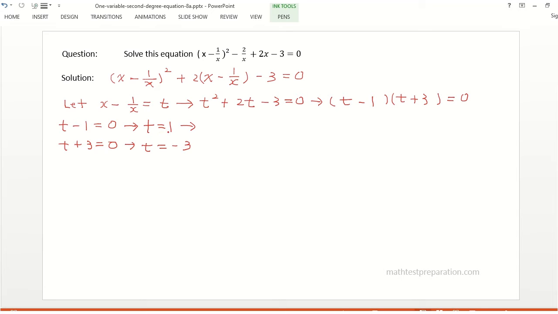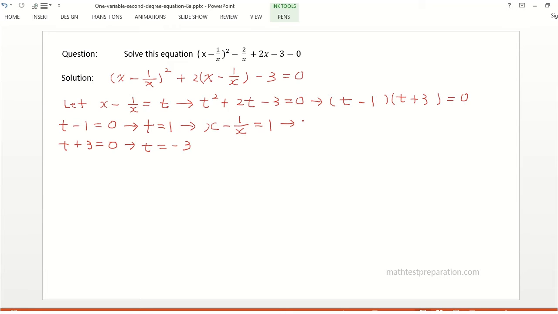When t equals 1, we have x subtract 1 divided by x equals 1. Multiply both sides of the equation by x to remove the denominator.